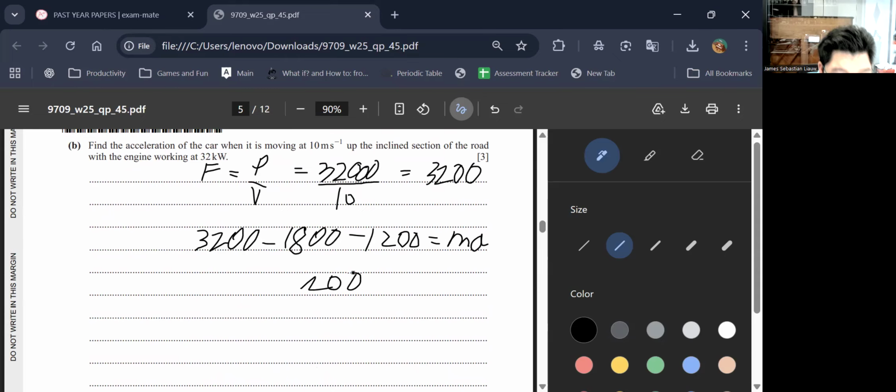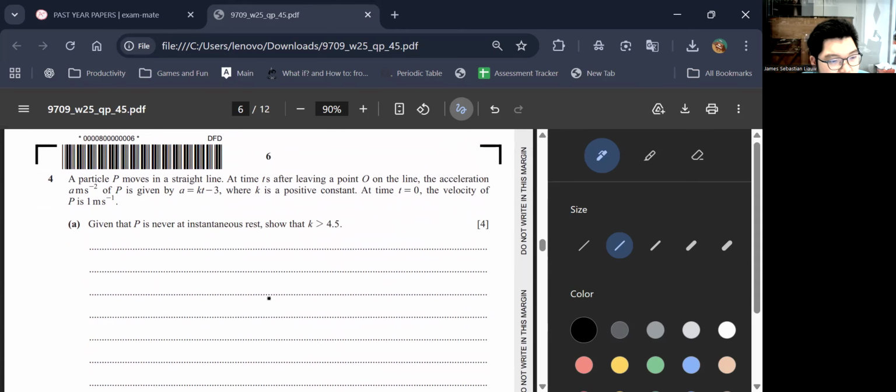On the left hand side it's 200. On the right hand side, what is your M? 800. 8 times A. So A is 0.25 meter per second. Right, next.